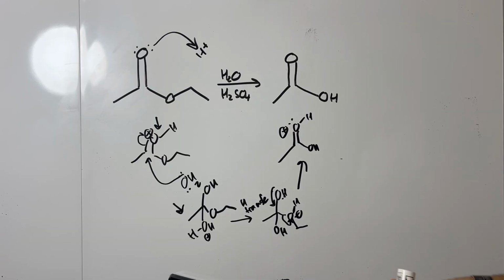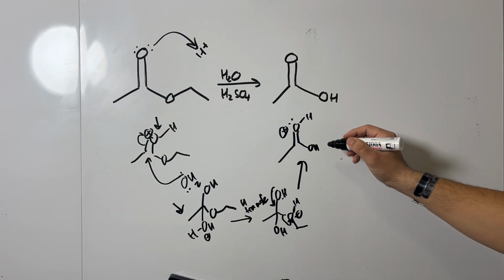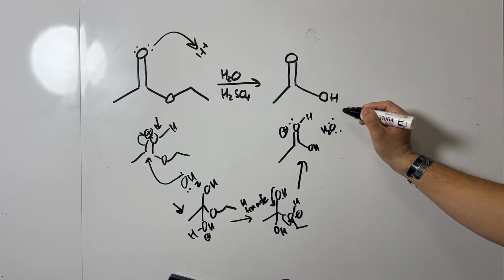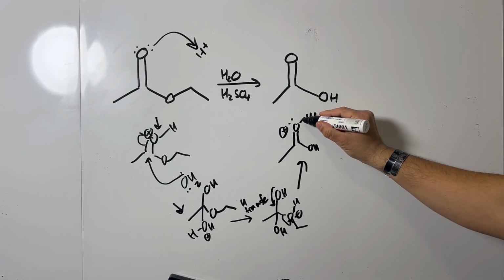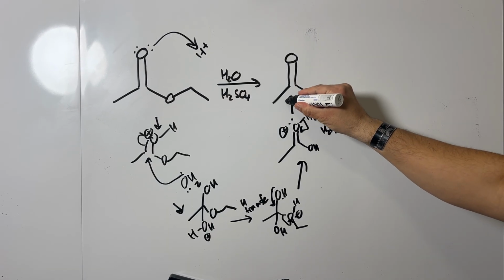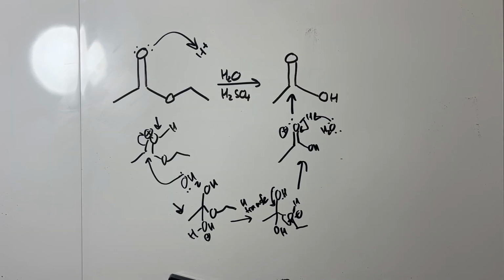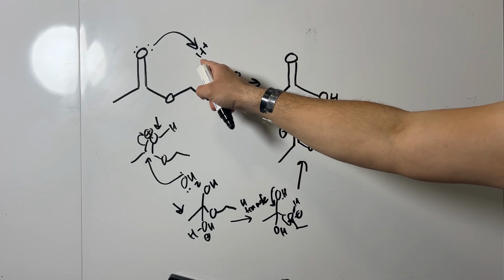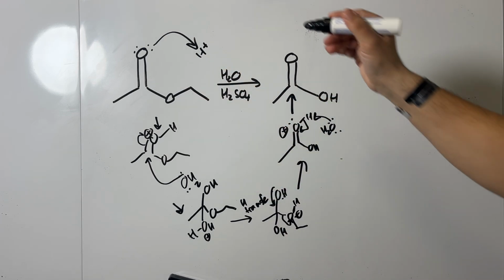And that just cannot stand. So we're going to have water come in. This time I will show water come in, take that proton, kick these electrons back on. We're going to form our acetic acid, in this case, our acid. And then when you take this last proton, that's you reforming your acid catalyst, which is your H plus.